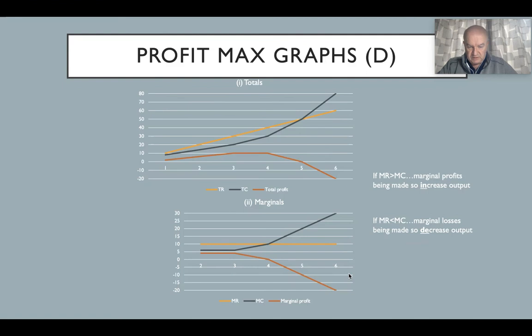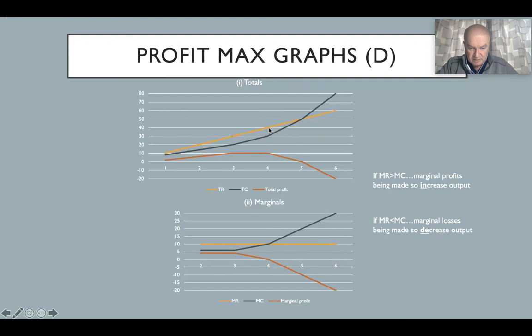You should be able to see in that scenario, if we take a look at our total revenue and total cost, that the point at which we would want to produce, given what we know about marginal revenue as well, is at 4 million units. You should be able to see that the difference between our total cost line, the line in black, and our total revenue line is at the highest amount.